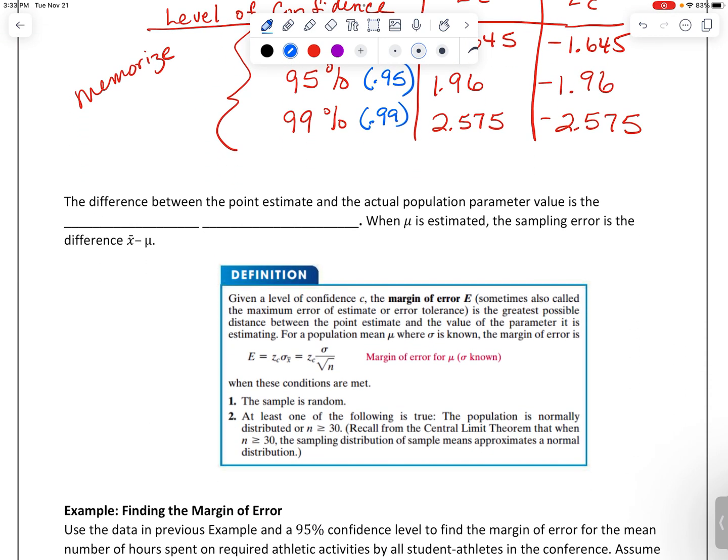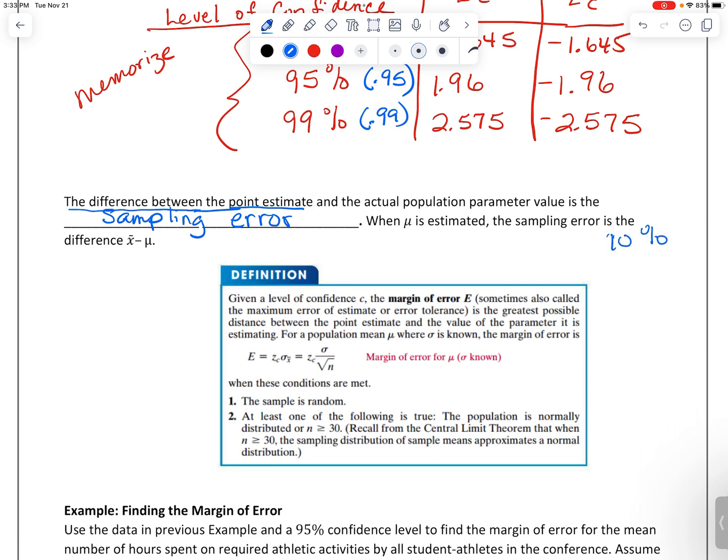So since there is a difference between this, what we call that difference is a sampling error. So this is the sampling error. And again, you may have seen, if I go back to the elections, oftentimes it says that this person is up 10% over the other one, but then it also gives you a plus or minus.